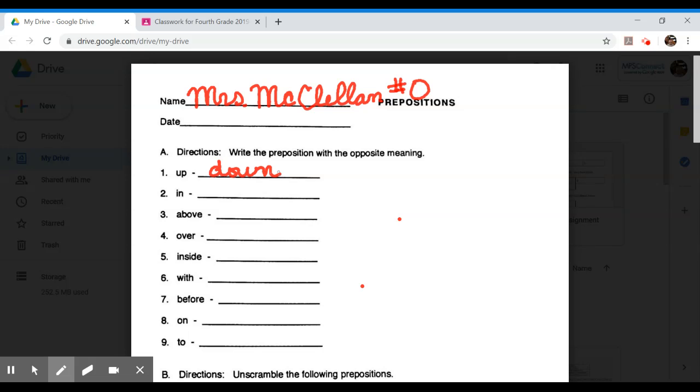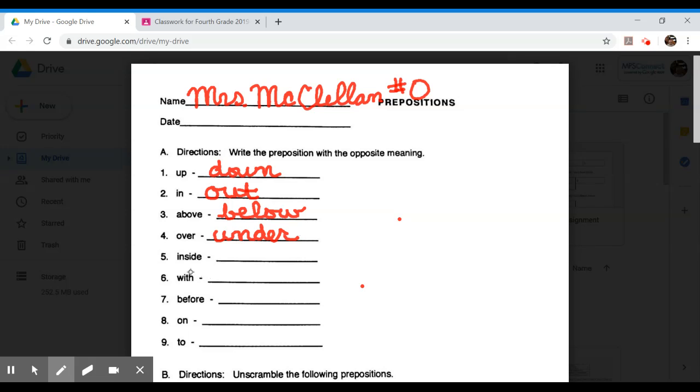The opposite of in is out. Okay, above is below. You're going to forgive my handwriting also because it's not the best on this, even though I am going to remember that my O's need to connect at the top and my A's connect at the bottom, right? So I'm going to rewrite my out here. Okay, over, opposite of over is under.